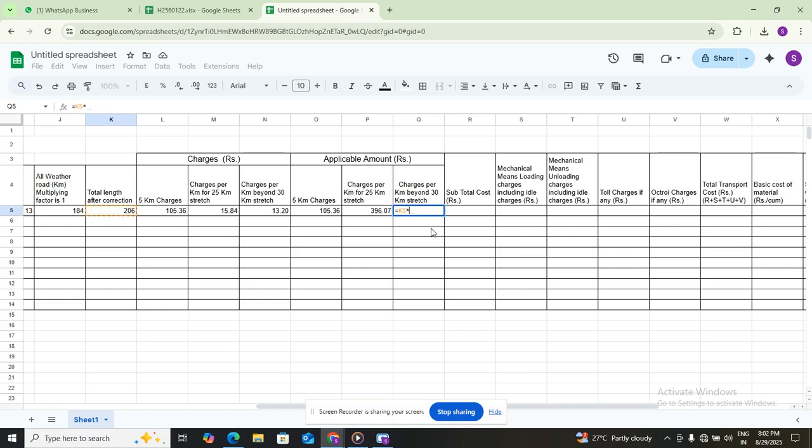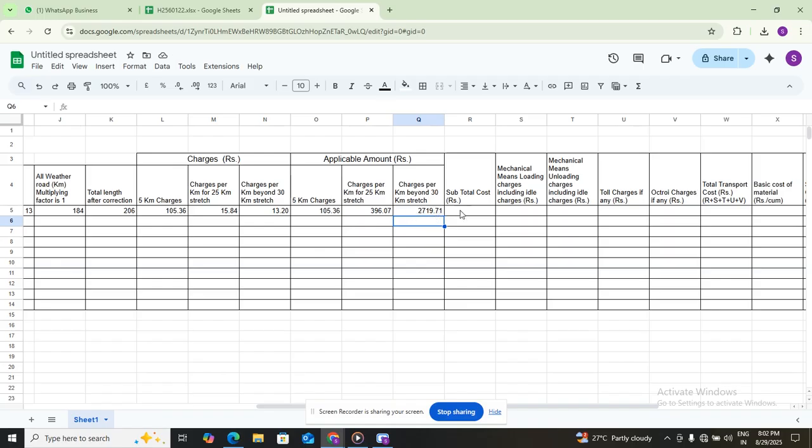What is the charge per kilometer beyond 30 kilometers? It is 27.19. This is the charge per kilometer beyond the 30 kilometer stretch.